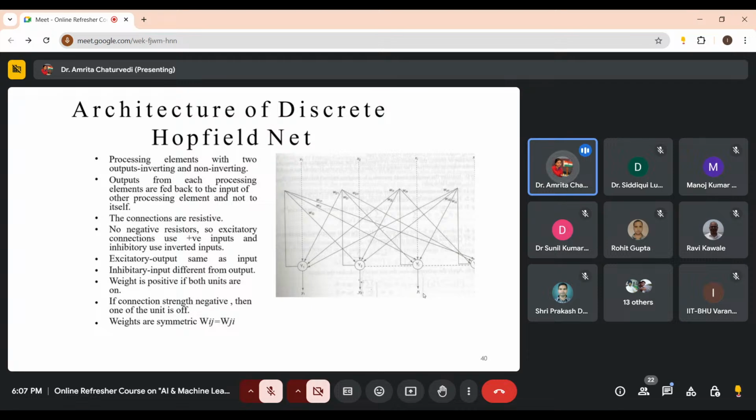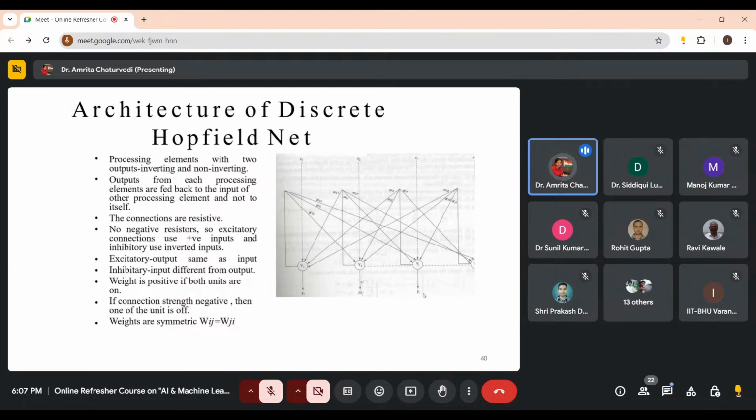So this is the architecture of a discrete Hopfield network. Processing elements with two outputs, inverting and non-inverting. Outputs from each processing element are fed back to the input of the other processing elements and not to itself.